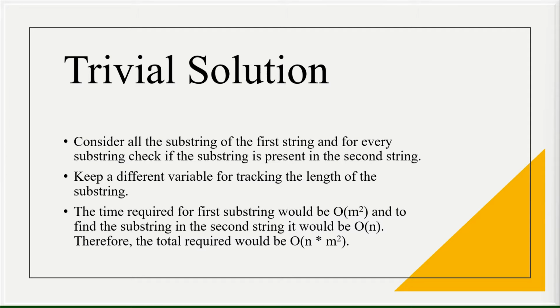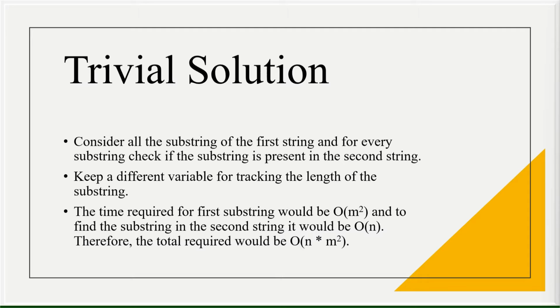The first solution is a trivial solution and the easiest of all. In this solution, we consider two strings as two different arrays and iterate over the first array to find any common substring in that array itself.